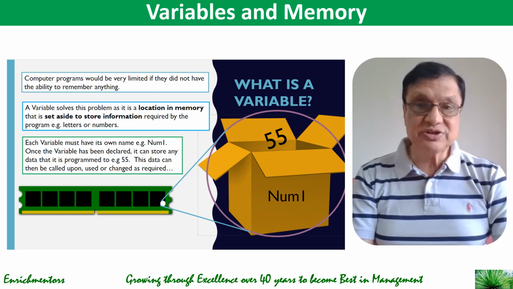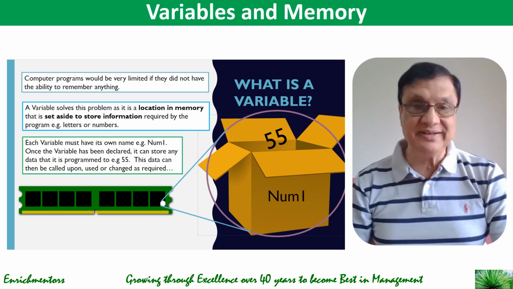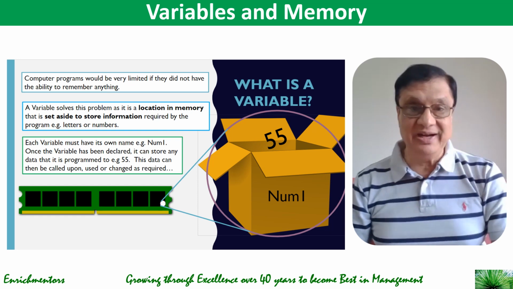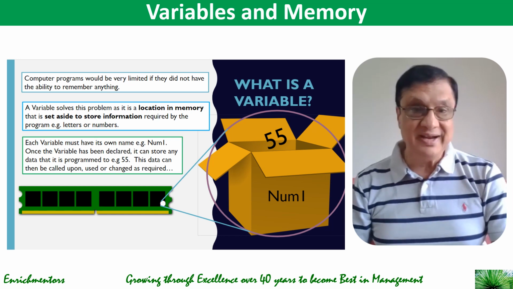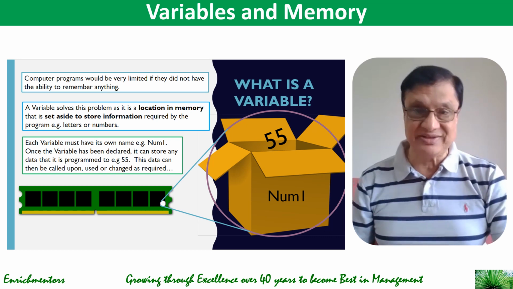Variables solve this problem as a variable is a location in memory that sets aside the stored information required by the program, a letter or number. So you declare a location, give it a name, and each variable has its own name and can store any data that is being programmed, say 55. Now this data can then be called upon, used or changed as required.